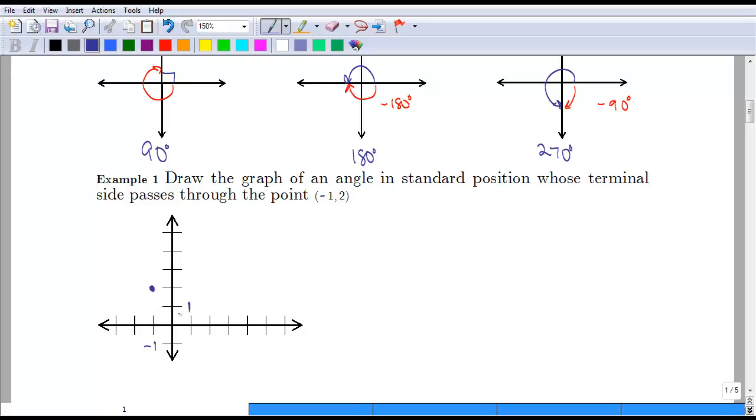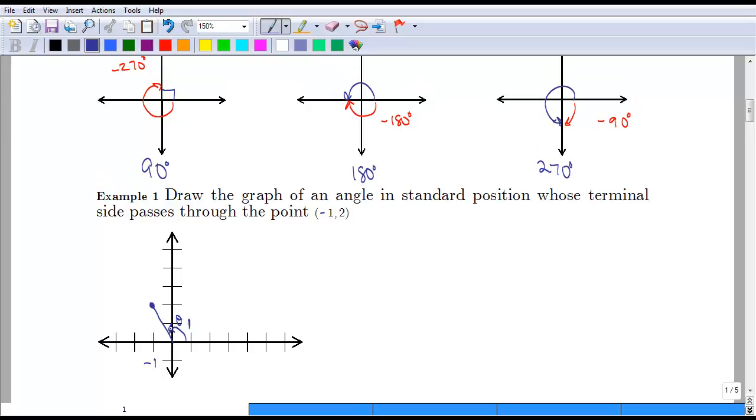And that's our point. And we draw a straight line up to this point, and then we draw the angle over and we label it as theta. So this would be an angle in standard position, and we'll talk about here in a second how we can find those trig functions for any angle in standard position.